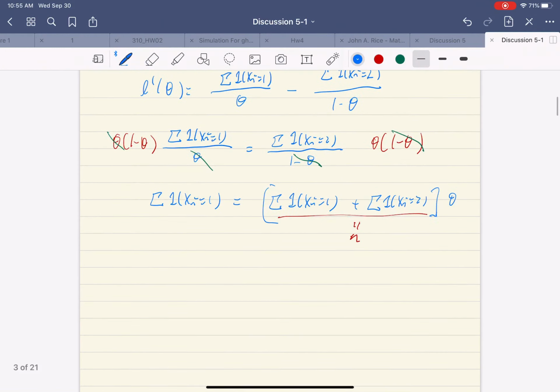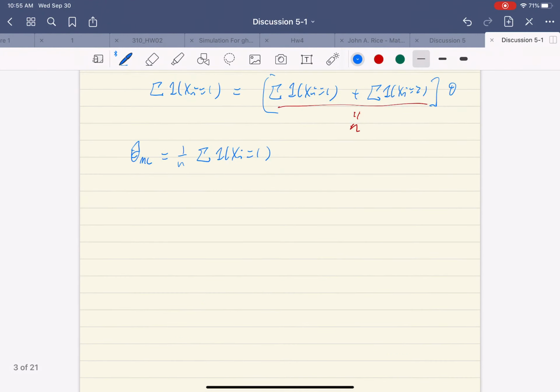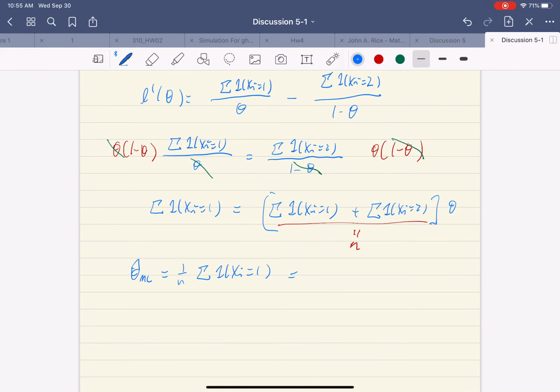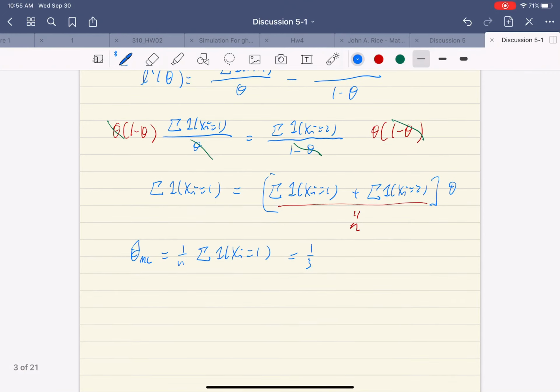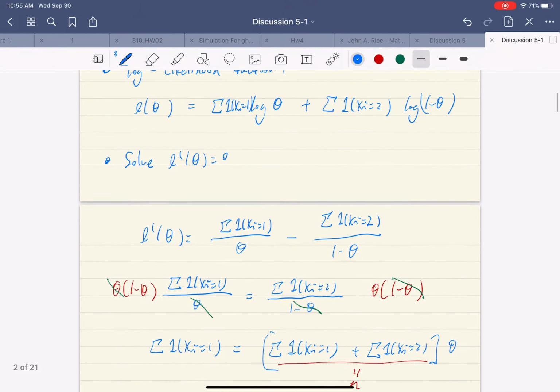So we can say the MLE estimator is equal to this. Then we plug in our data. The sample size is 3, and the data is 1, 2, 2, so only one sample is equal to 1, so it's 1 over 3.